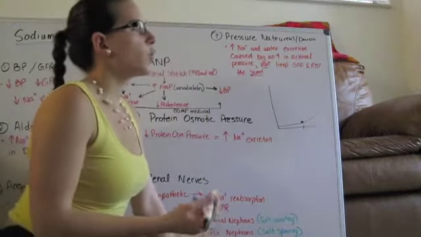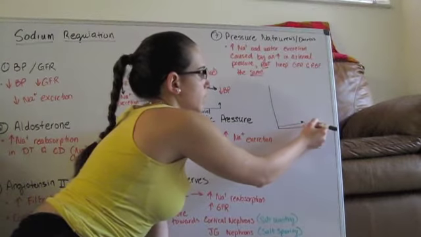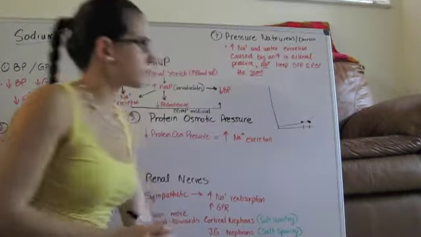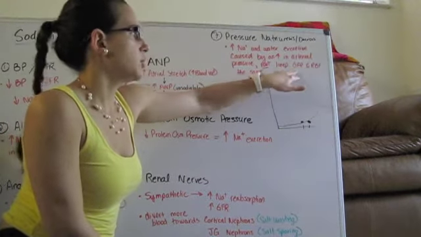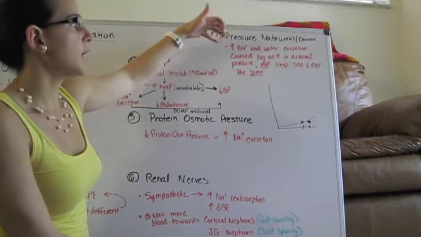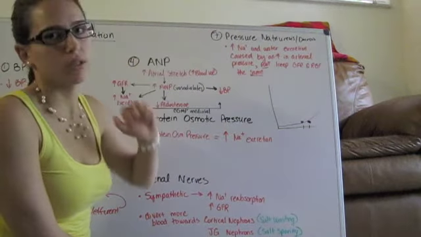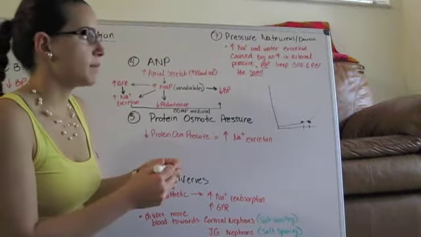Well, at a higher blood pressure, we're going to be operating at this level. We're not going to be changing either GFR or renal blood flow to maintain that sodium and water excretion. That's basically what that means. We're going to keep those the same.